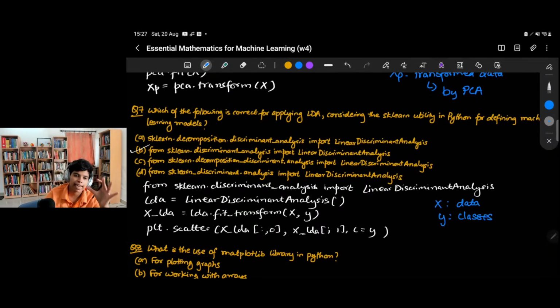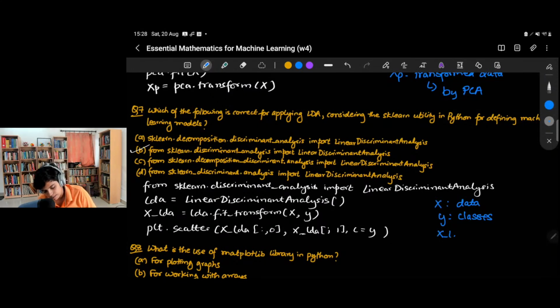So if you have 10 data points, let's say 3 belong to one class, 3 belong to another class, and 4 belong to the third class, then that information would be there in this vector Y, which tells which elements belong to which class.